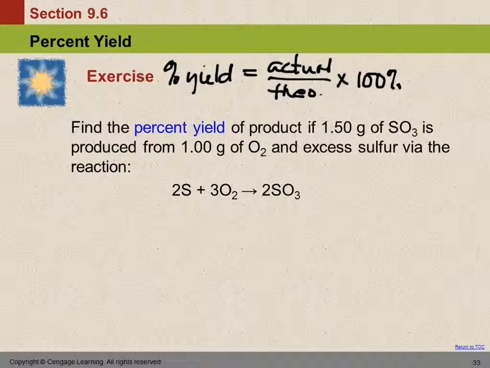So what is this telling me? 1.50 grams of SO3 is produced. That's telling me that's what was actually made. That's what they got. That massive product that's being handed to me is the actual yield. So this is the actual yield right here.